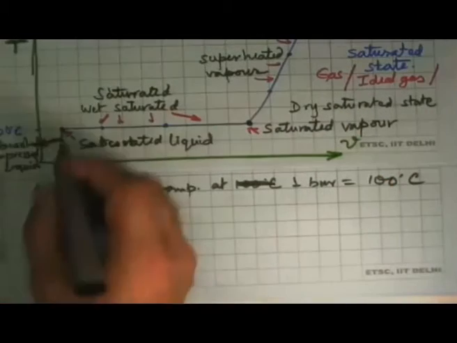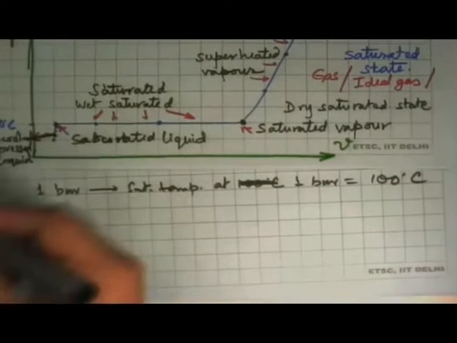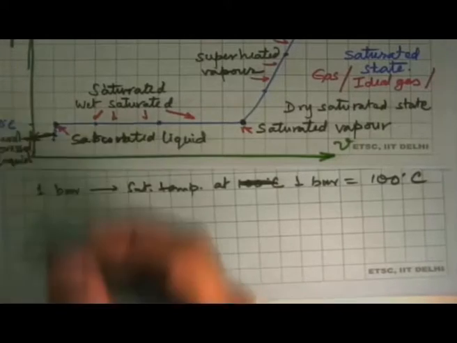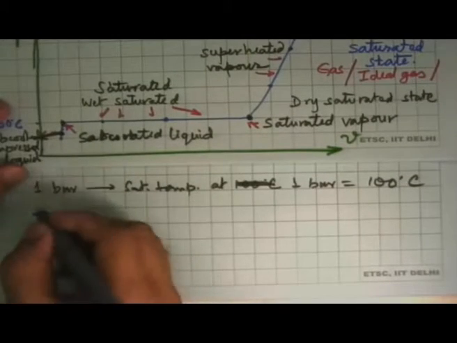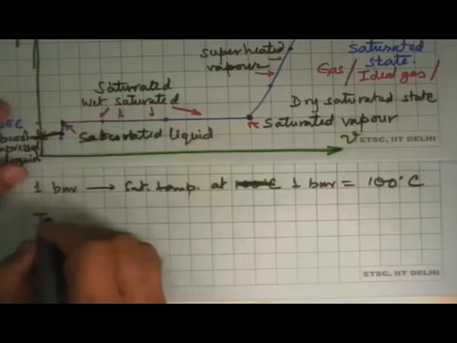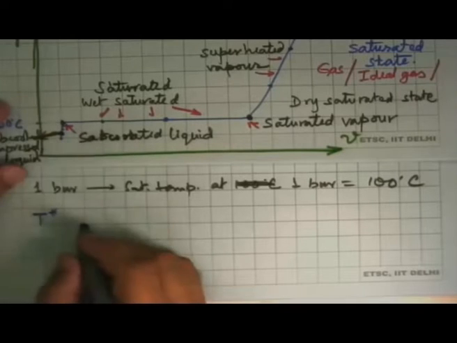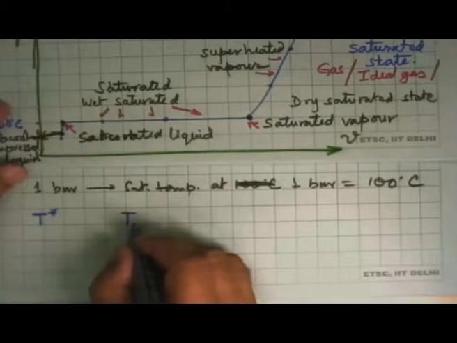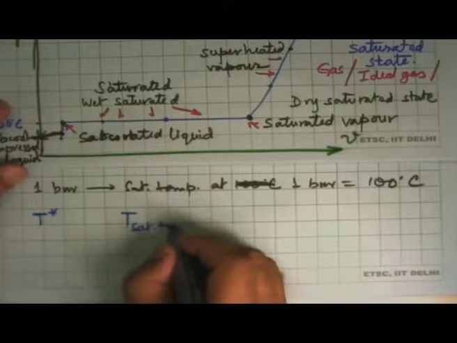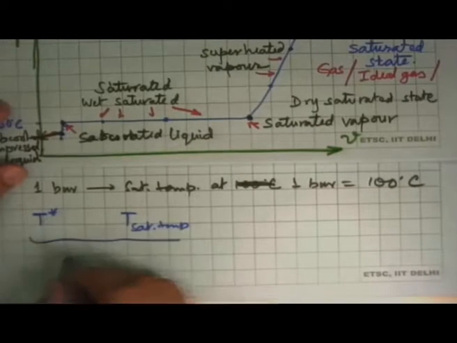So on this chart, for a state which is over here, take this temperature, call it T star, and compare it with the saturation temperature at the same pressure.